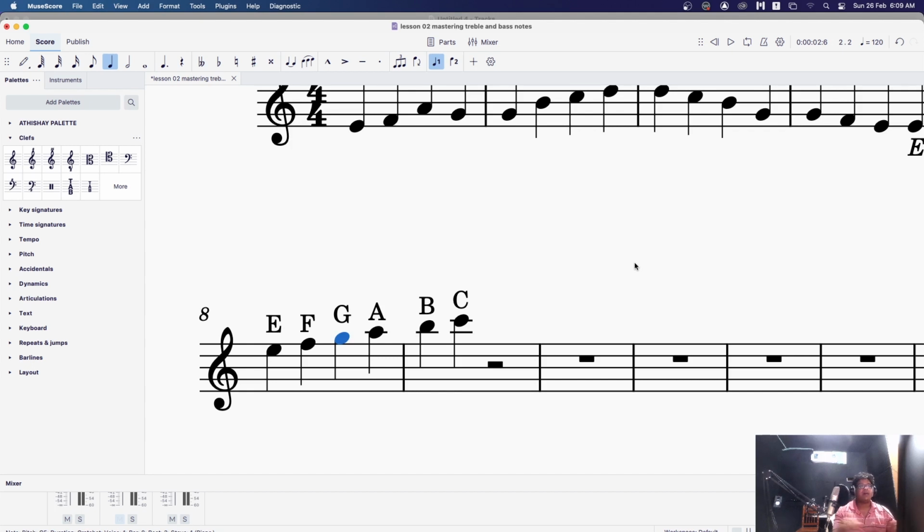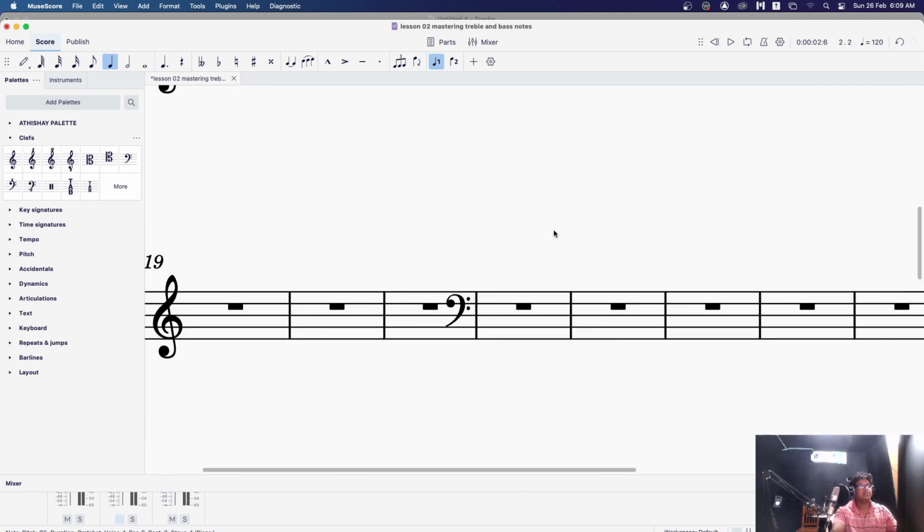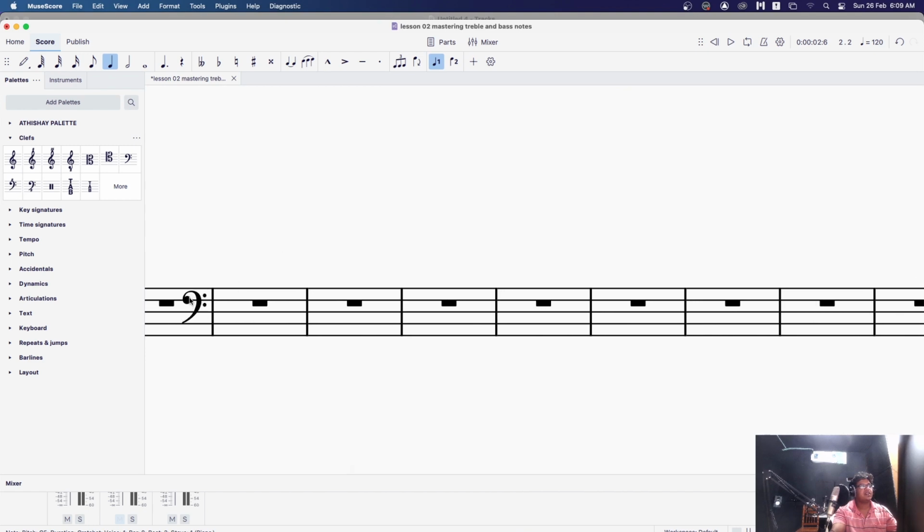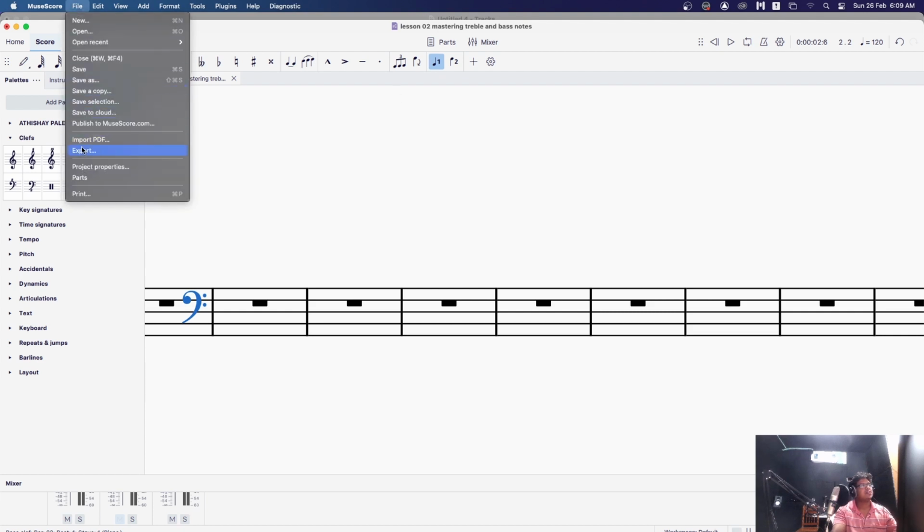Now the same thing applies to the bass clef. Now see, we have a bass clef here. If we come to a level, you can start using the notation software and export it as a PDF, and take it to your concert or school programs, wherever you have to play your instrument or sing, you can use this as a guide notation.